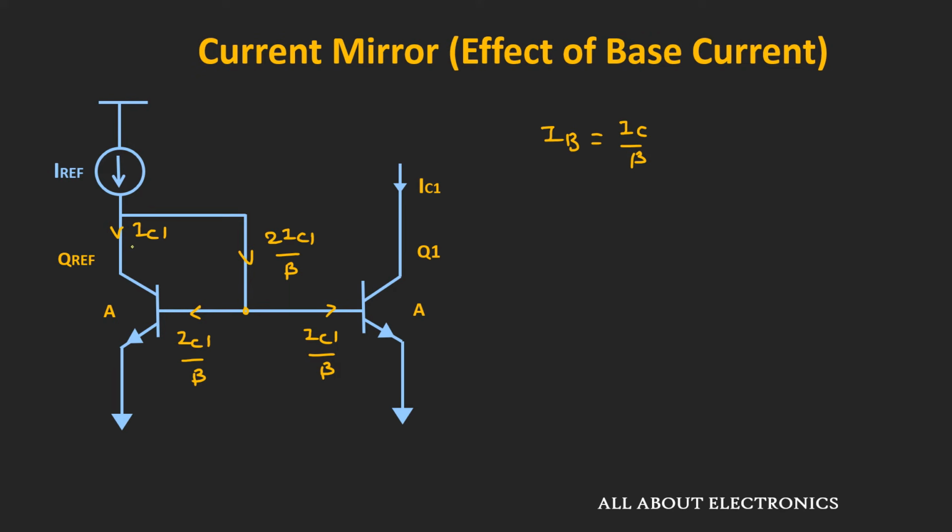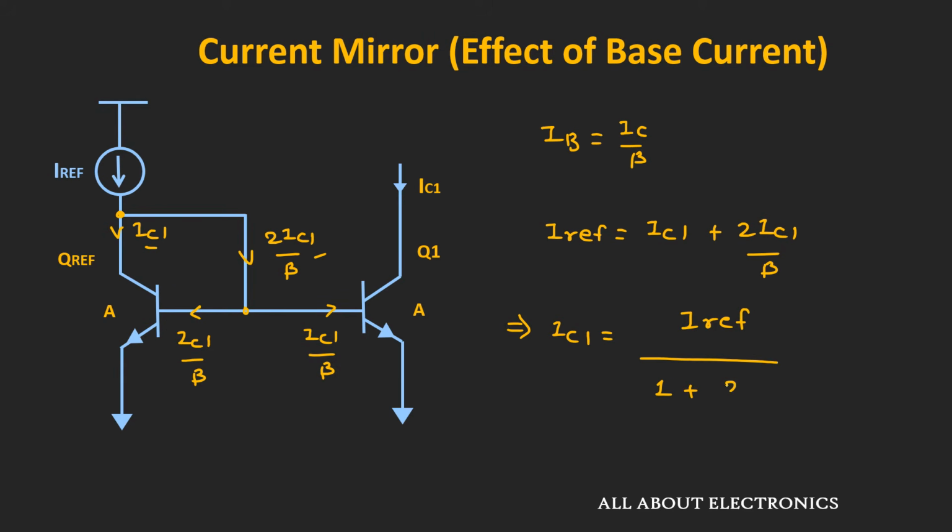So now, to find the expression of this IC1, let us apply the KCL at this node. Applying the KCL, we can write I reference is equal to IC1 plus 2IC1 divided by beta, right? That means IC1 is equal to I reference divided by 1 plus 2 divided by beta.